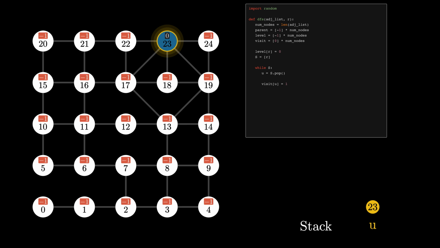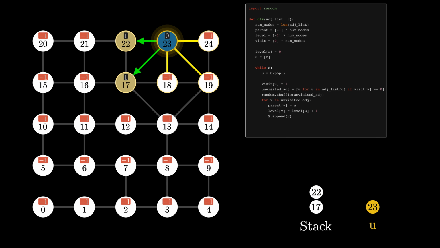After that, we consider all nodes in the neighborhood of the node U that are unvisited. The randomness comes now into play by the random shuffling of the list of unvisited neighboring nodes of U. For each unvisited adjacent node of U, we set the parent relation, the level, and append it to the stack S. Now we can let the algorithm run like this until something interesting is about to happen.